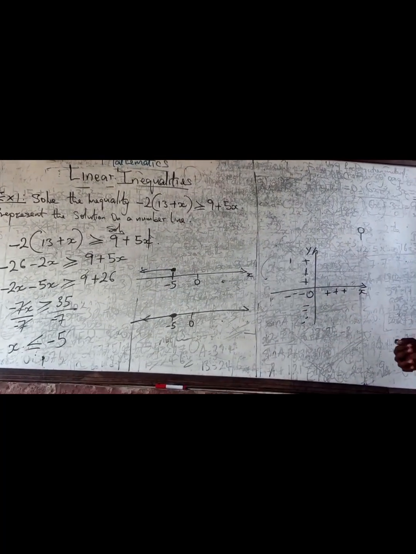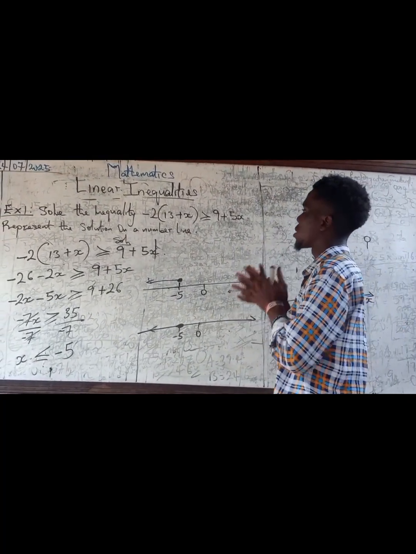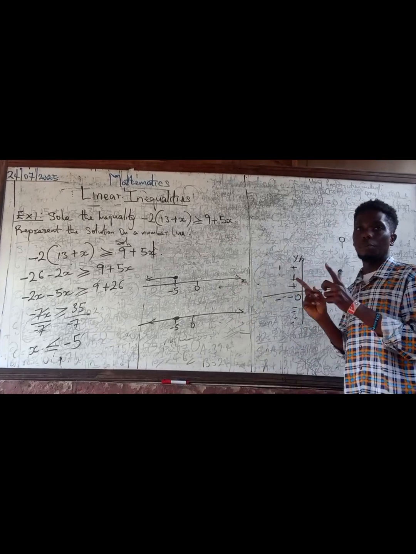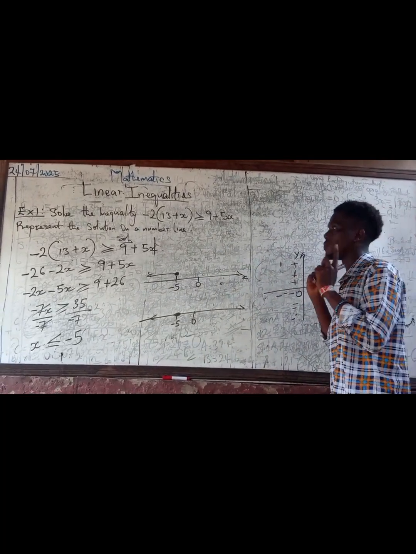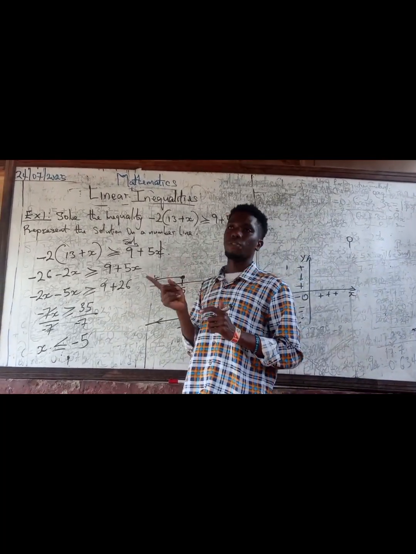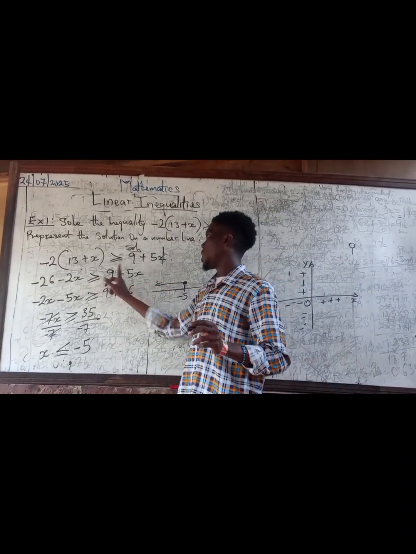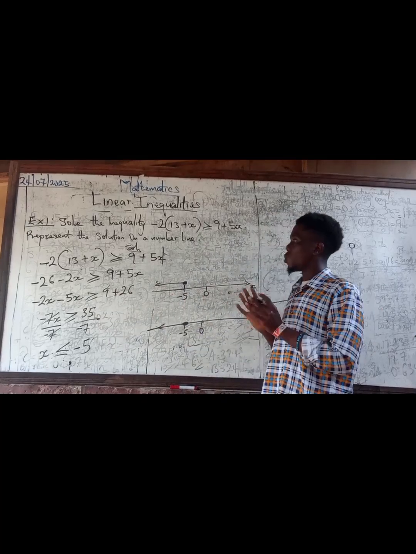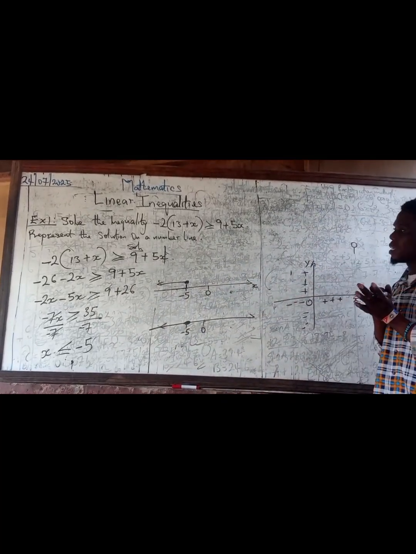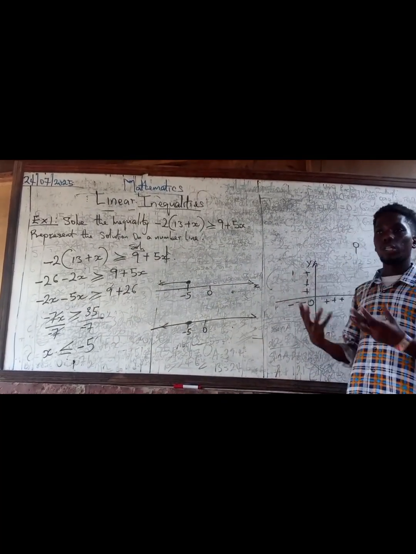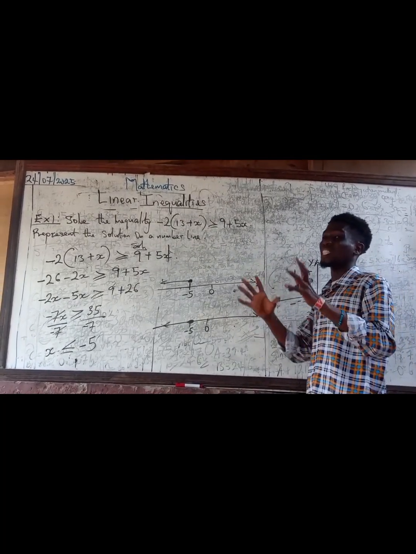So this is what we call inequality in one variable. Why do we say inequality in one variable? Because we have just one unknown. So the only unknown here is what? It is x. So very quickly, I'll be diving into two unknowns, showing us how to represent that on the Cartesian graph.